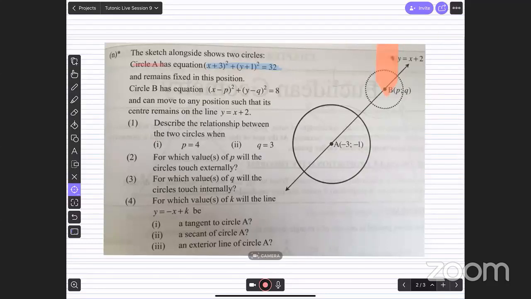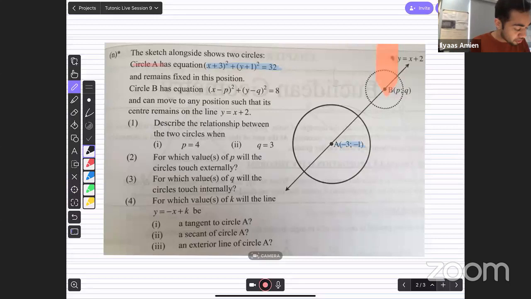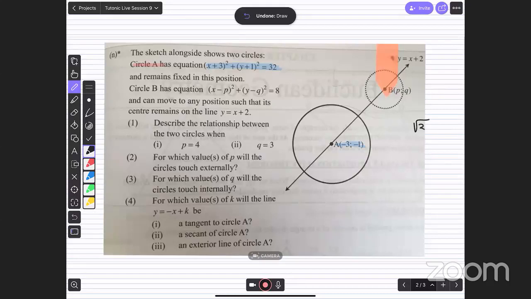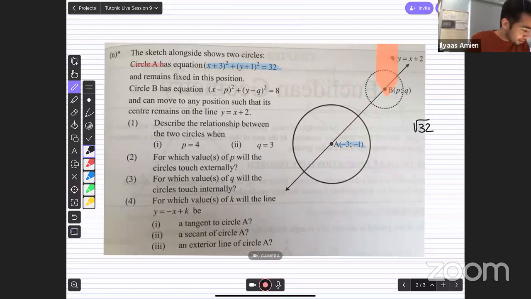Okay. And circle A remains fixed in this position, so it doesn't move on the line. So the radius is √32. What is √32 simplified? You guys know how to simplify it without a calculator? How would you simplify this without a calculator?